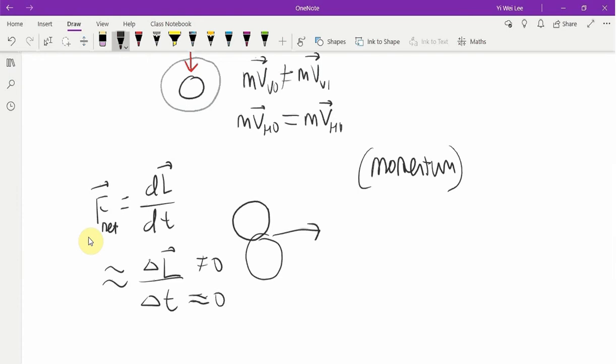So, apart from the momentum equation, there's another important concept we introduce in this chapter to describe the effect of collision, and that concept is known as the coefficient of restitution.